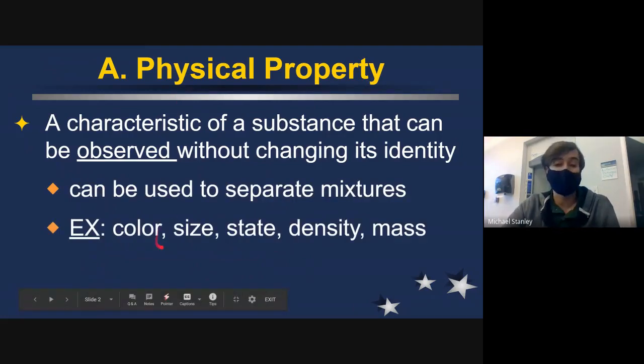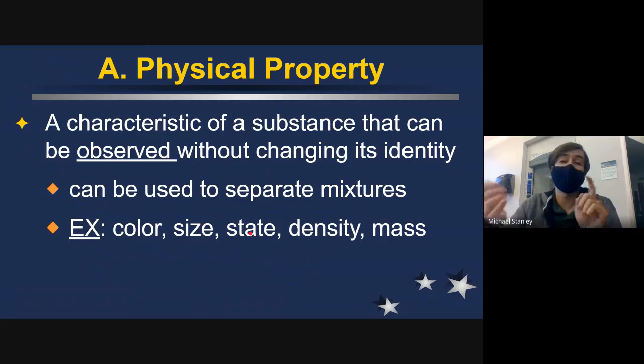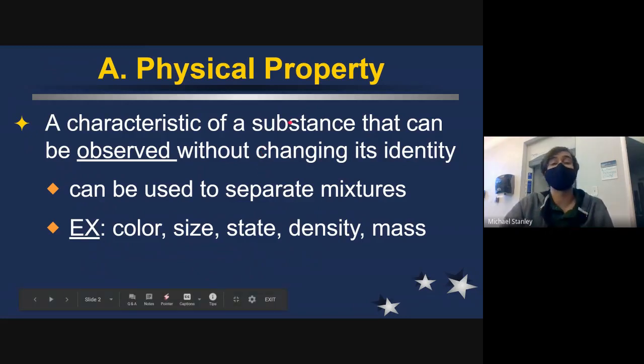Things like color and size, things that you can see, and the state that an object is in, whether it is a solid or a gas or a liquid, that is a physical property of that substance.